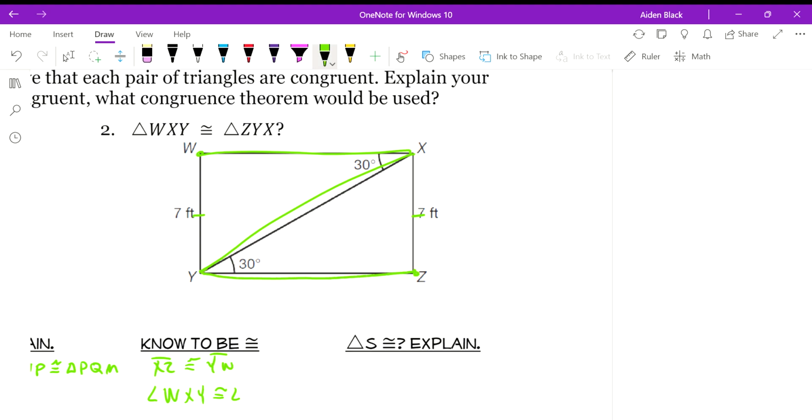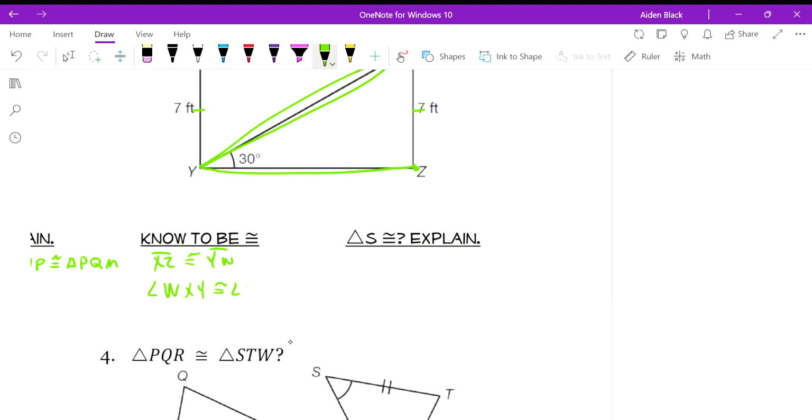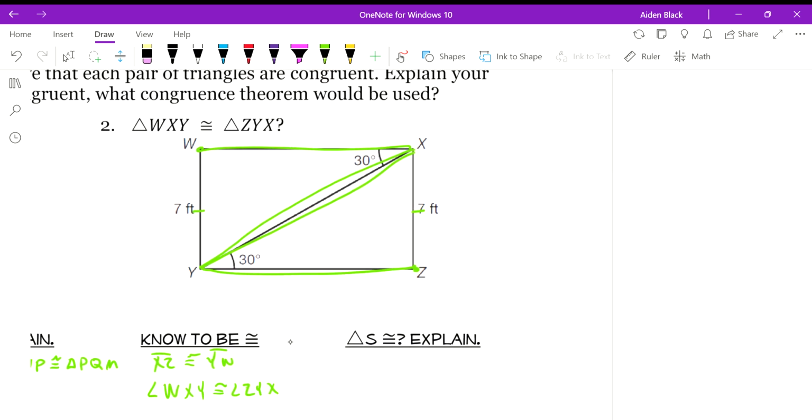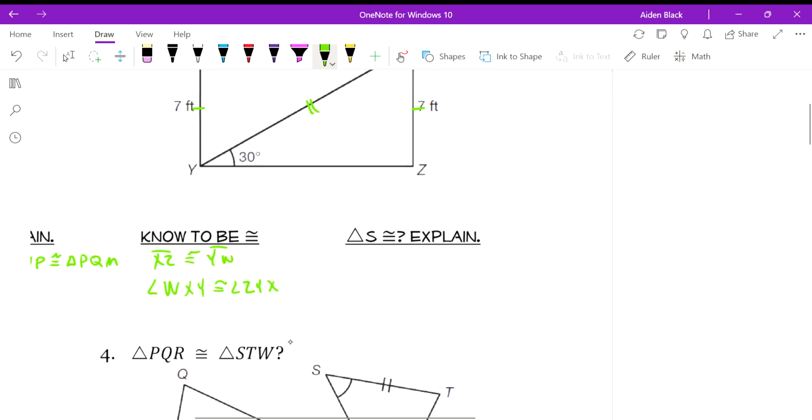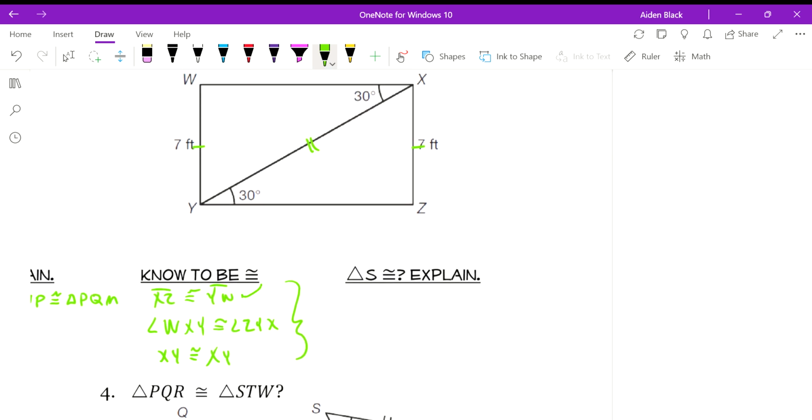Say this is ZWX, angle ZWX. And then lastly, we notice that these share the side XY. So if you're just looking at what you know to be congruent as it's written right here, you would think that it's SAS, side, angle, side.